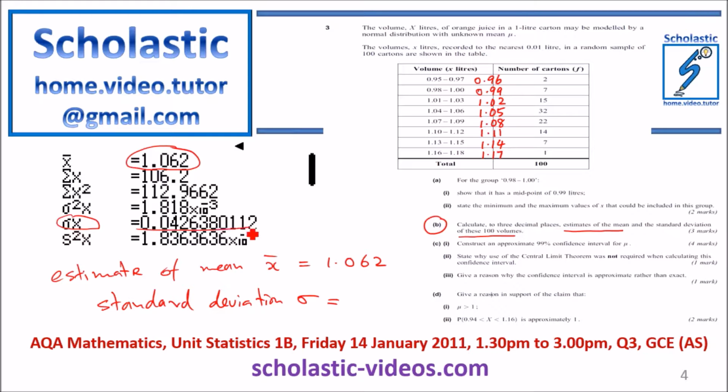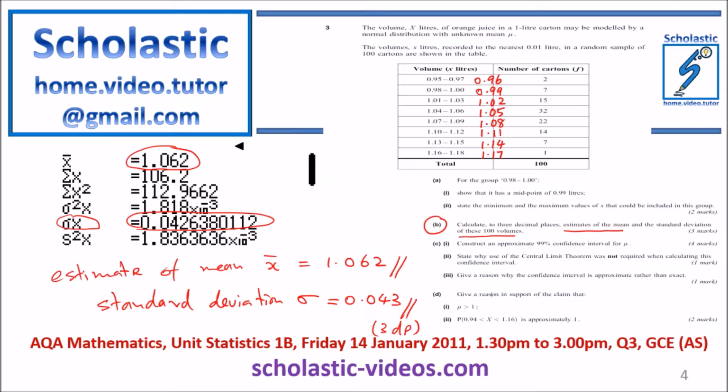So this is the answer. So put 0.0426, we make it 3, that is the approximation to 3 decimal points. So these are the two answers required for part B.